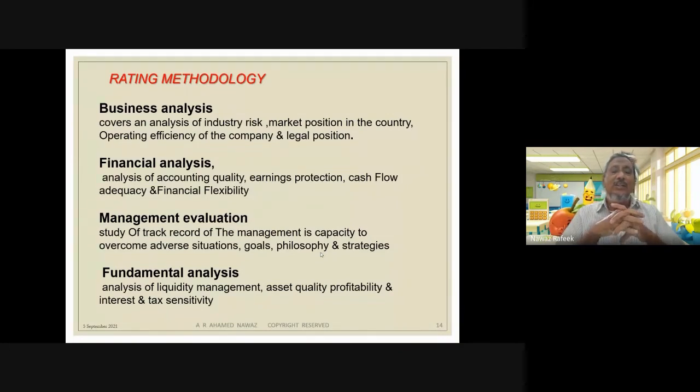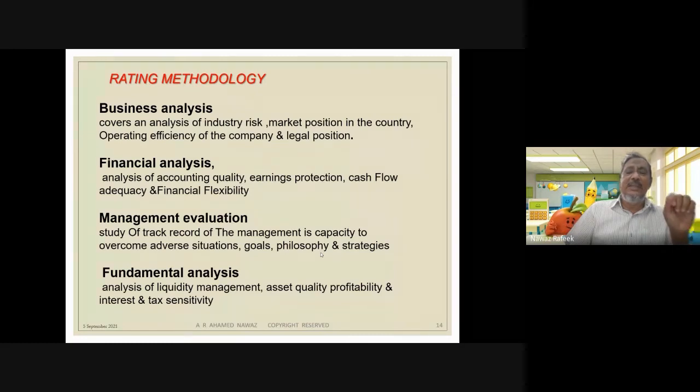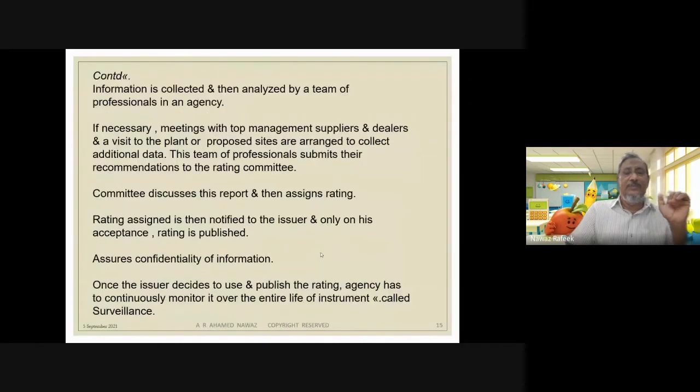Asset quality: when the assets are generating earnings and profits, ROA, return on assets, it is profitable. Interest and tax sensitivity: whenever interest rates and taxes are applied, how well can the business absorb this? So these are the main areas a rating company will look at.